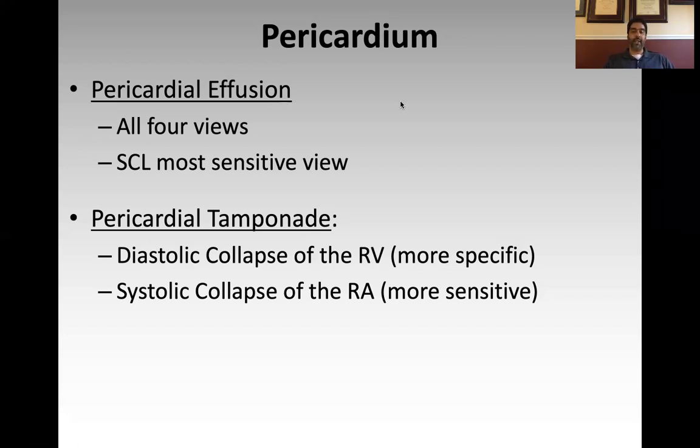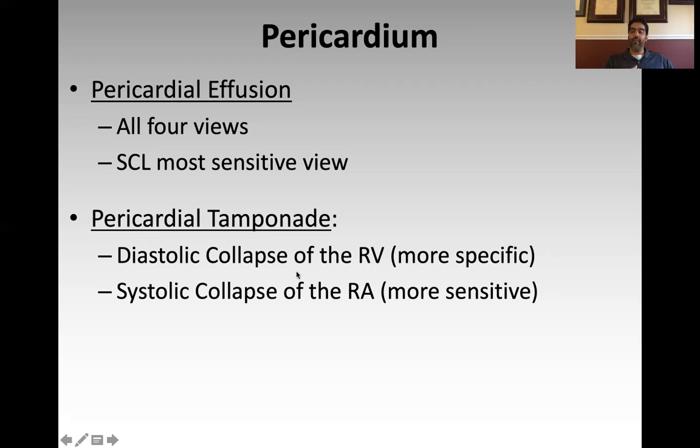Okay? So anything external to the heart can cause compression on the chambers and force the extracardiac pressures to exceed the intrachamber pressures in diastole, which is what tamponade is. The tamponade physiology on echo is really two things, at least on the basic assessment. The most specific indicator of tamponade on echo is diastolic collapse of the right ventricle.